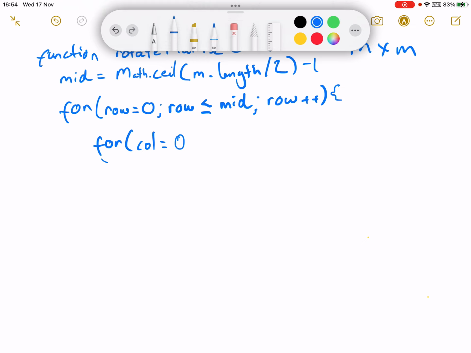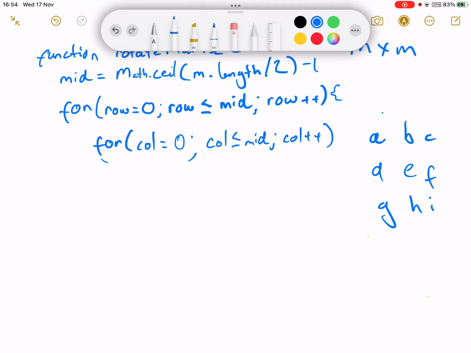Maybe. Okay, A, B, C, D, E, F, G, H, I, right? Then, call, then row, call, equal to mid, call plus. So now this would be n squared, right?